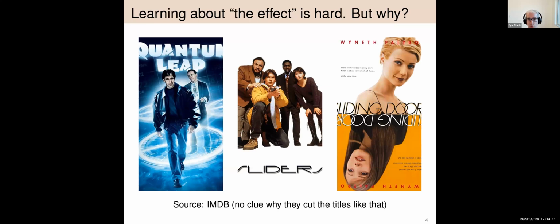It's really hard to learn about these effects in a causal way because the world only provides us with one version of the world. We get to see the factual, we get to see what happened. There's been an abundance of sci-fi work across multiple years.